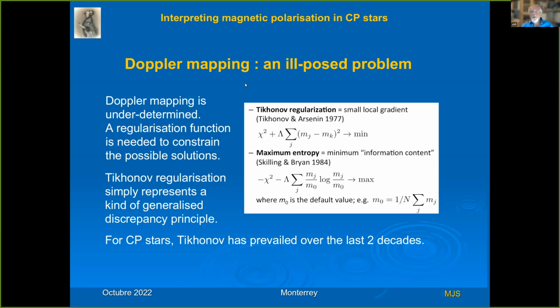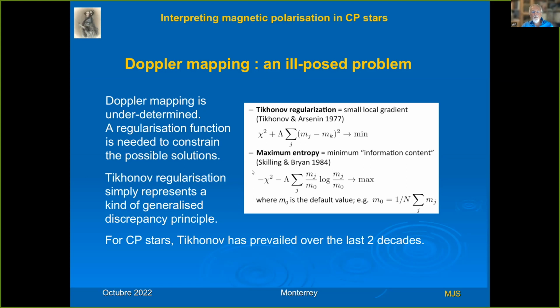For example, Doppler mapping is an ill-posed problem, and it's completely underdetermined, even if you neglect anything like stratifications. And you need a regularization function so that, among the thousands and millions of solutions, you constrain it to a most likely solution.